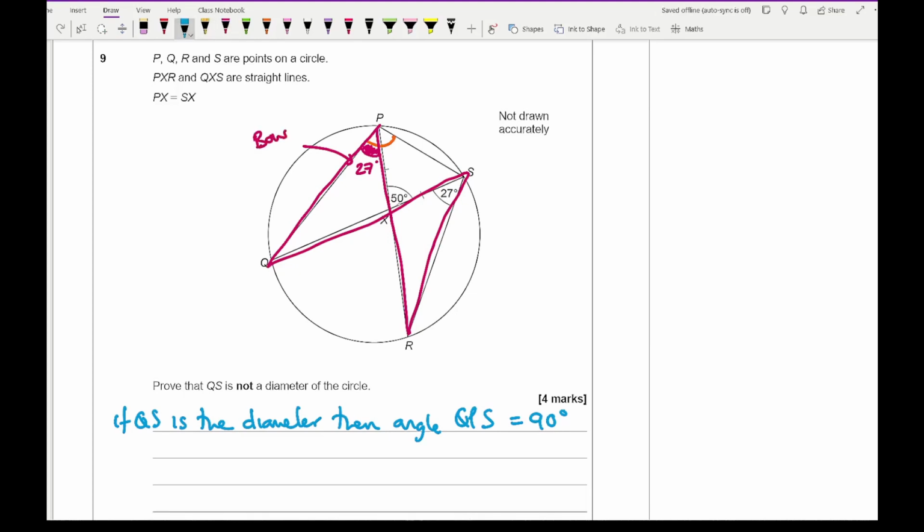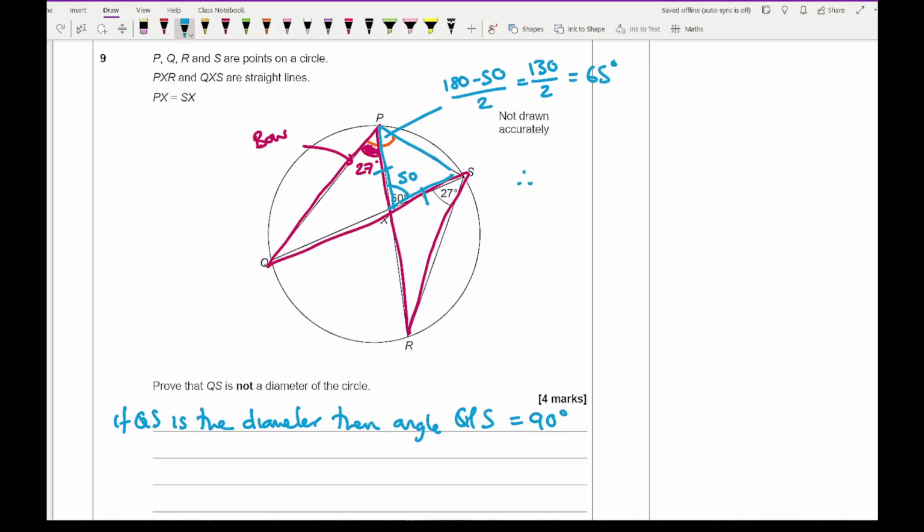Now I then know that this triangle is an isosceles triangle. So this side here is the same as this one. So if this angle here is 50, I can then work out this angle by doing 180 minus 50 divided by 2. Now 180 take away 50 is 130, and 130 divided by 2 is 65 degrees.